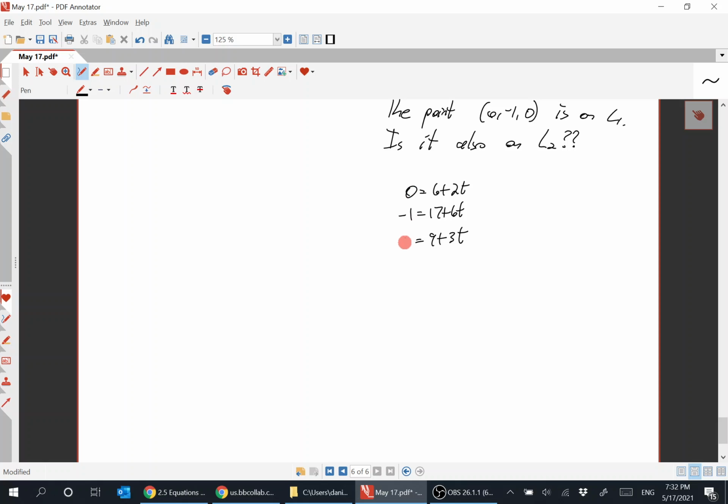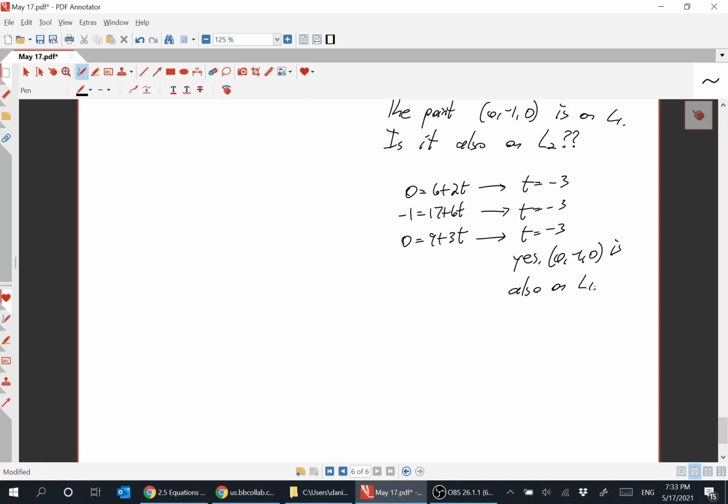So this tells us that t is equal to what? T is equal to, so -6 over 2 is -3. This one tells us -18 divided by 6, t is equal to -3. This one tells us t is equal to -3. Right? So yes, 0, -1, 0 is also on L2.